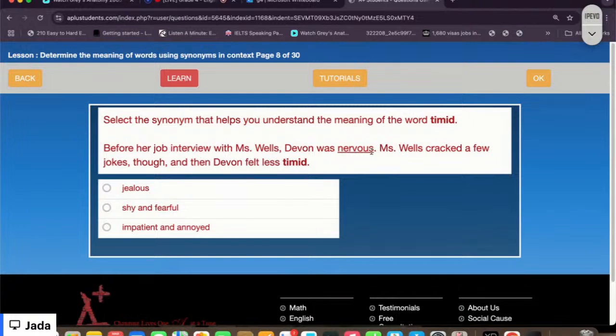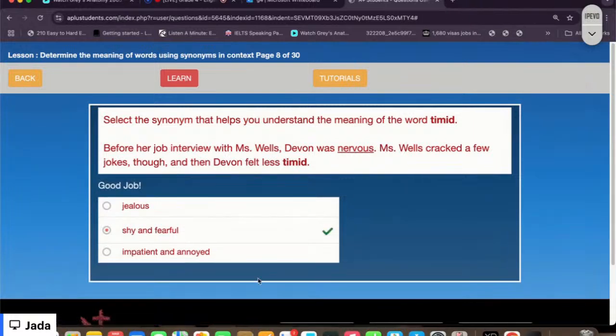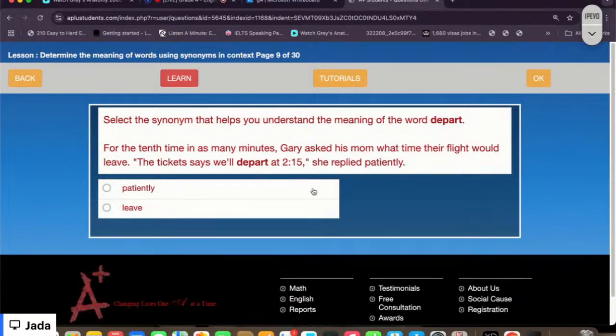So it could be shy and fearful. That's timid. Okay.